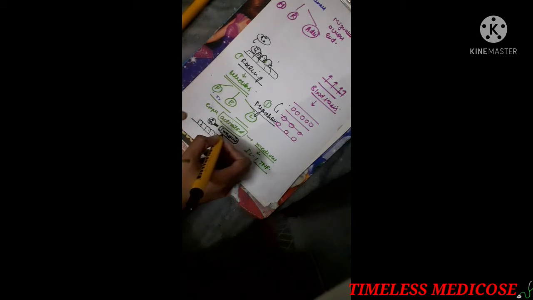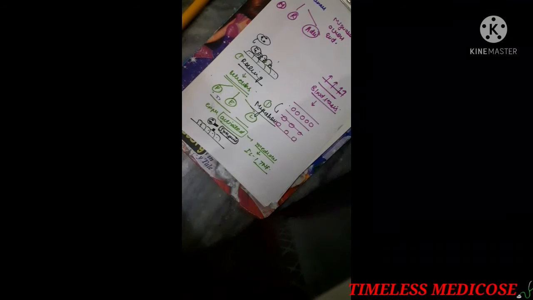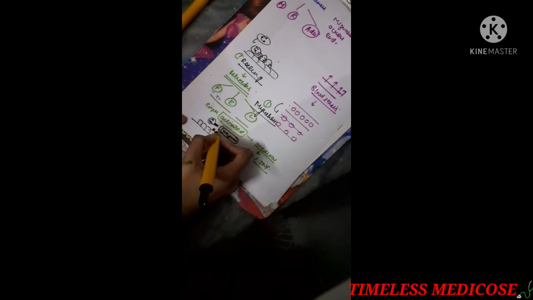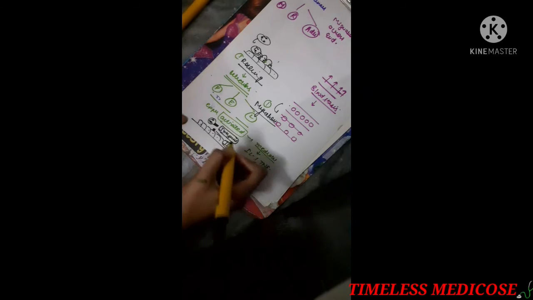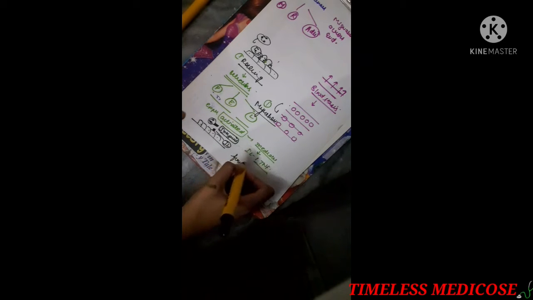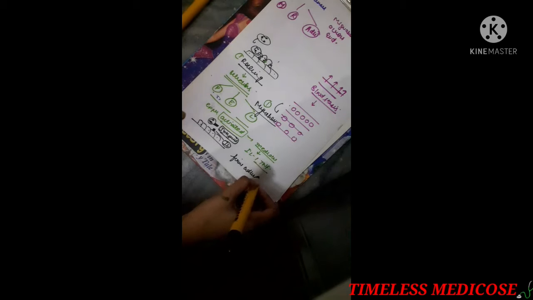Once the integrin is expressed on the cell, the integrin ligand is expressed on the endothelial wall. This integrin ligand then causes the firm adhesion of the leukocyte.